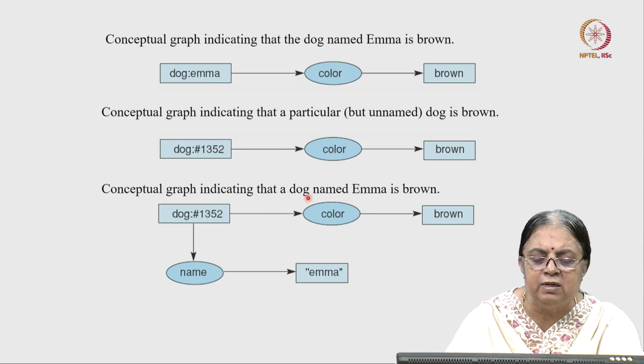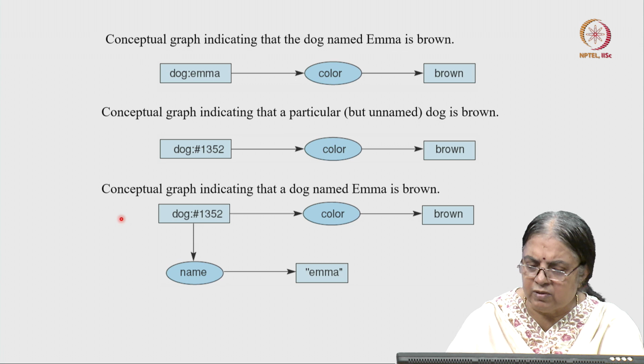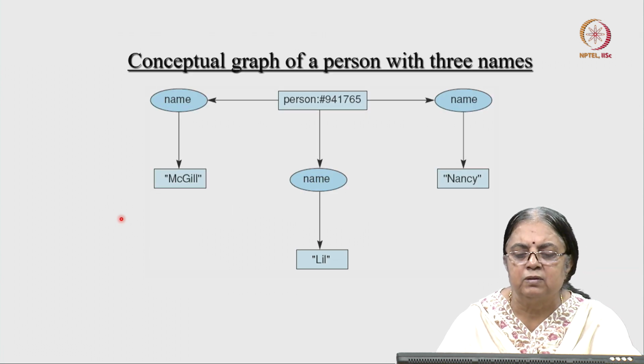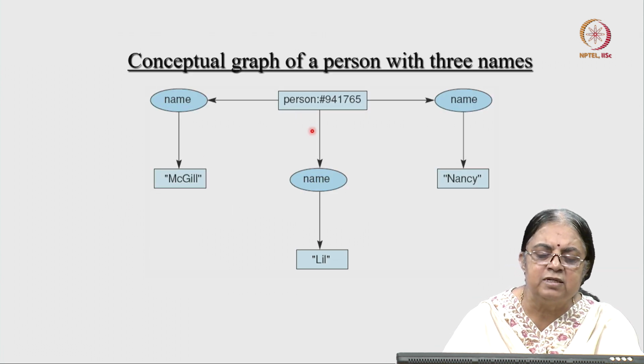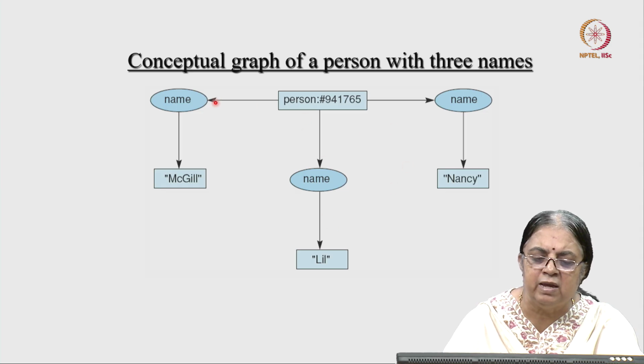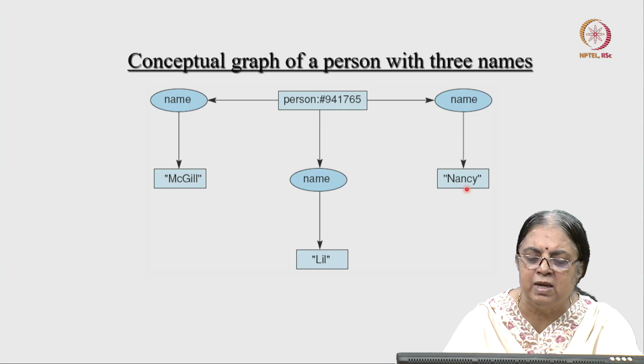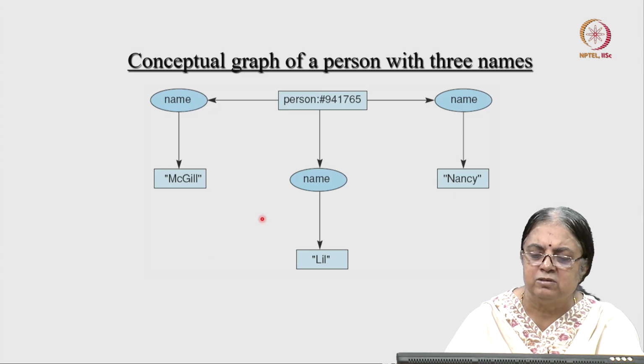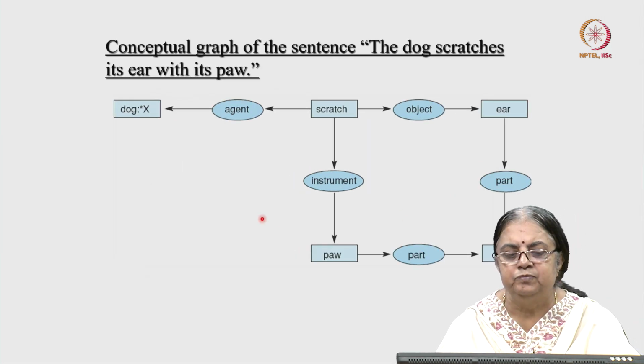Conceptual graph indicating that the dog named Emma is brown. So, this dog has a name which is Emma, and it has a color which is brown. So, if a person has 3 names, you can also put it this way. So, you have name McGill, name Lil, name Nancy, etc., right.